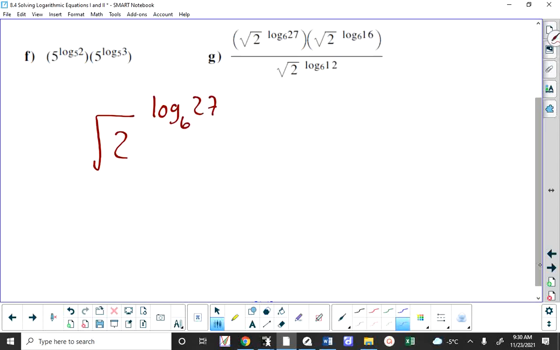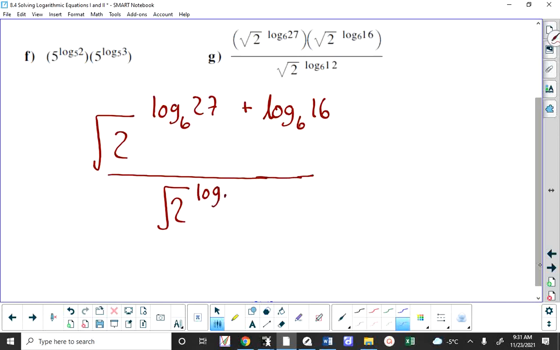You'll notice the bases when things are typed are not really low down when you write them physically on paper. I tend to write them a little lower. Plus log base 6 of 16. This is over root 2 raised to the log base 6 of 12.